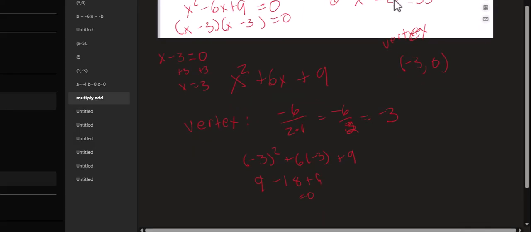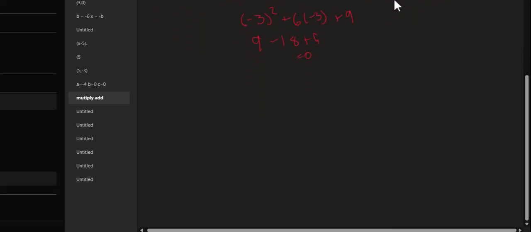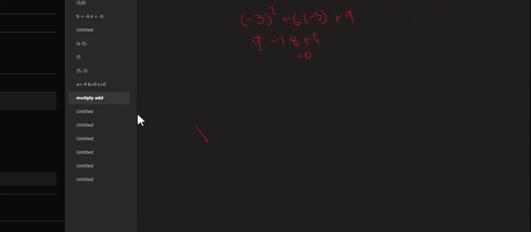So when you're trying to remember, you have x squared minus 2x minus 35. And you say to yourself, I am going to remember how to do this.